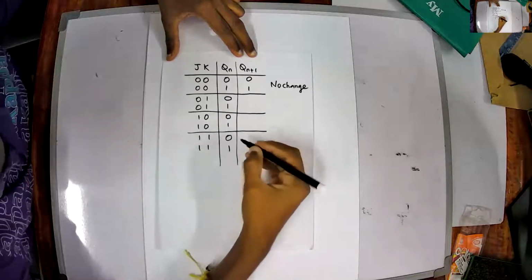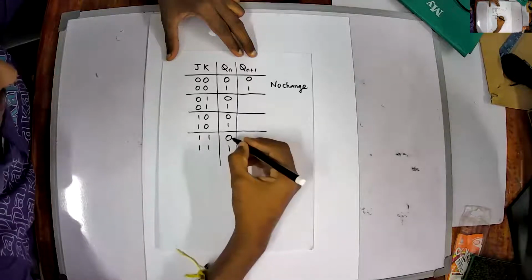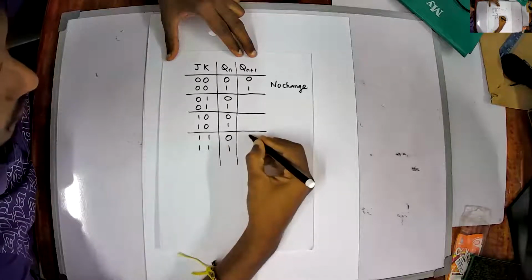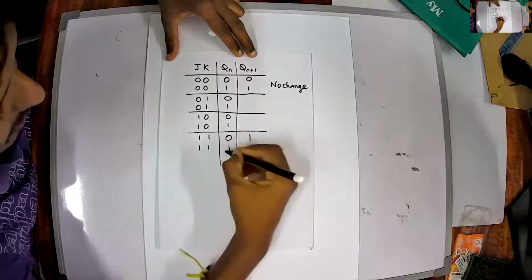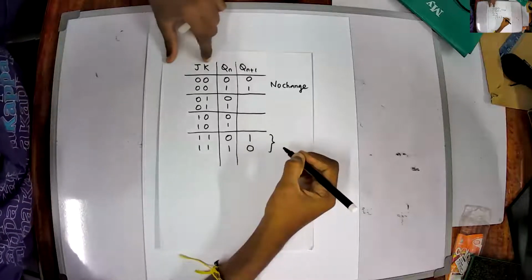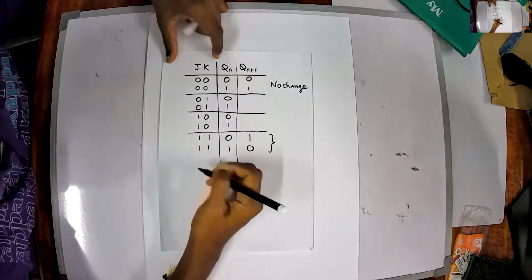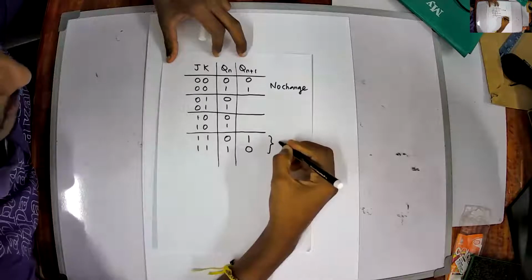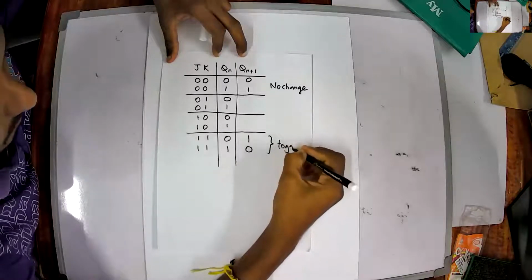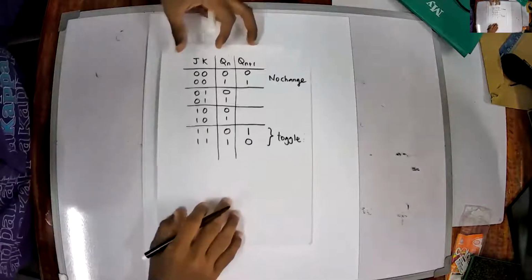So for an edge triggering flip-flop this is toggling: if 0, it becomes 1, and 1 becomes 0. When both J and K become 1 in a JK flip-flop, we call it toggle. Toggle means 0 becomes 1 and 1 becomes 0.